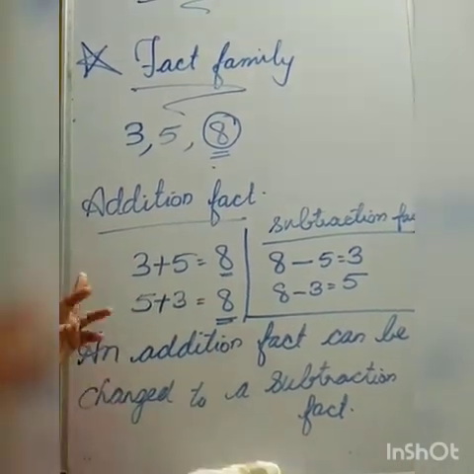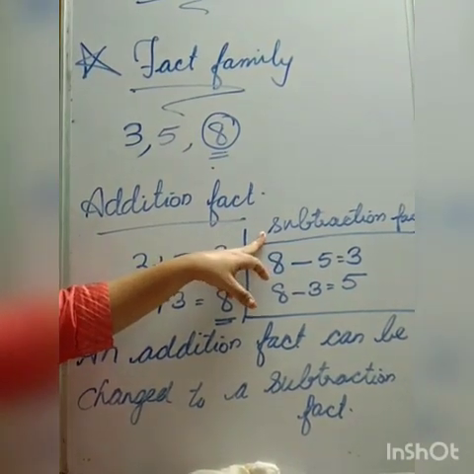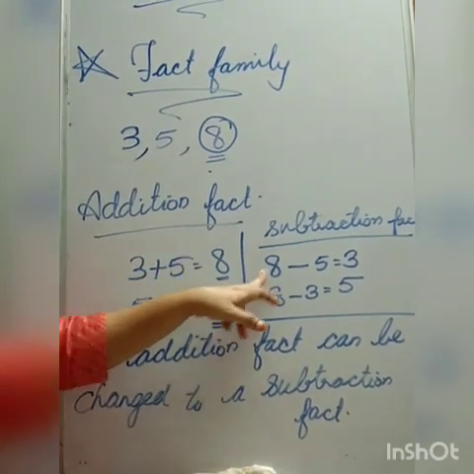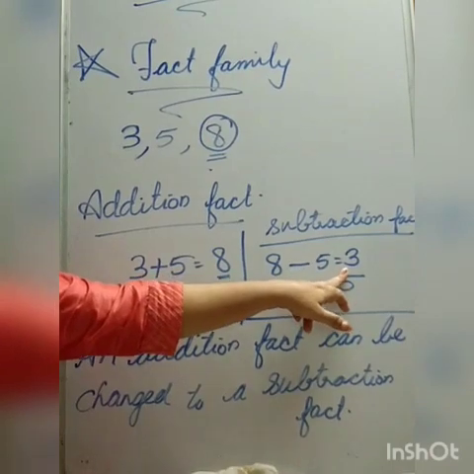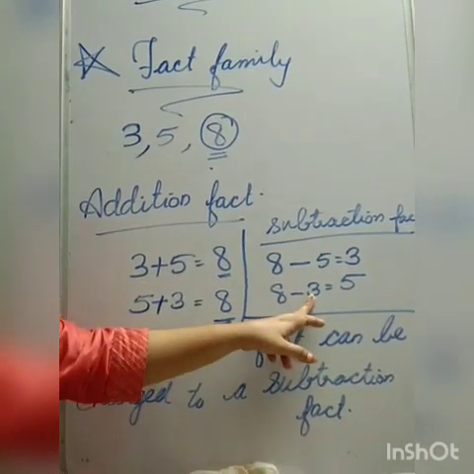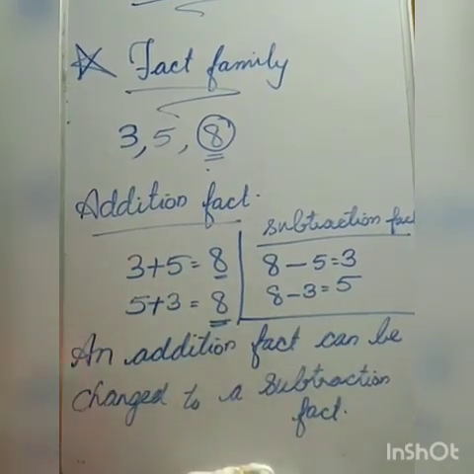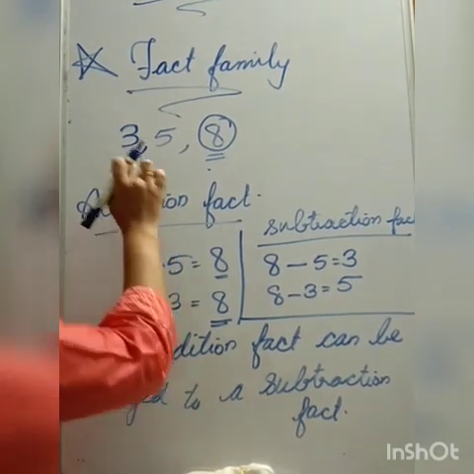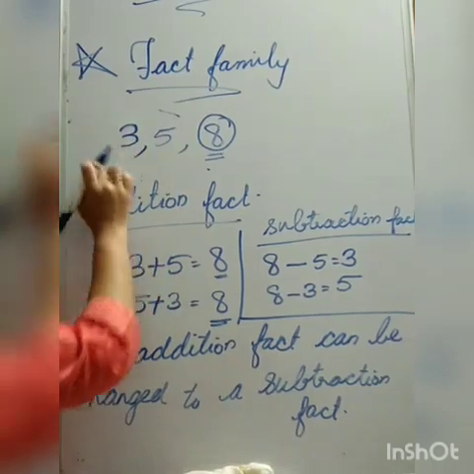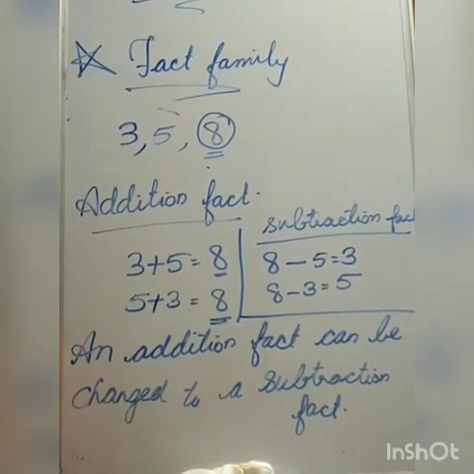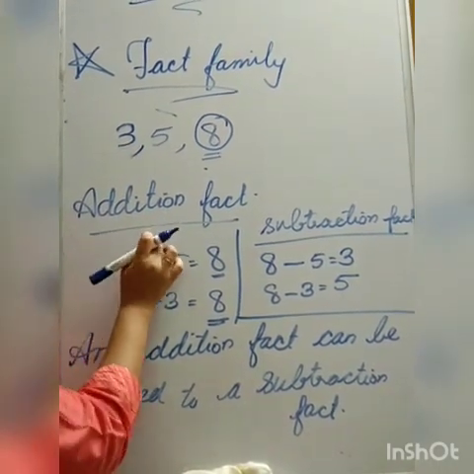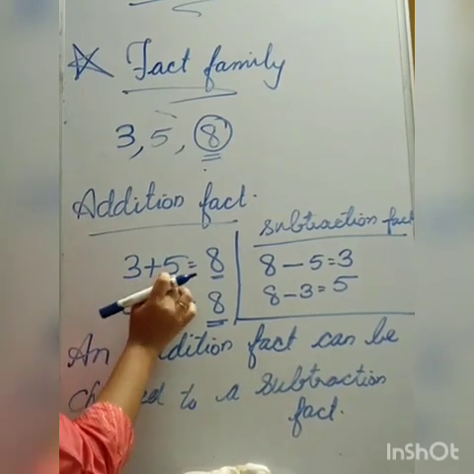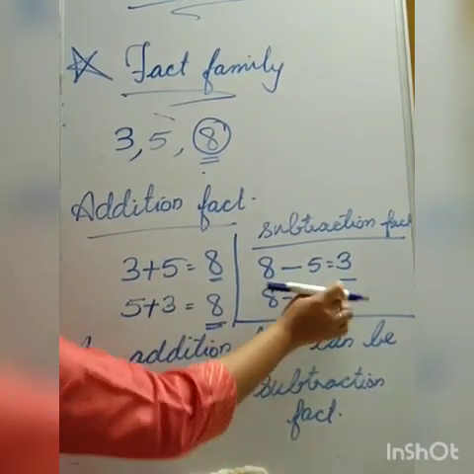This is in subtraction fact, 8 minus 5 is equal to 3, 8 minus 3 is equal to 5. See here, in both facts, I used only these numbers. So what have I done? Only changed the place of the numbers.